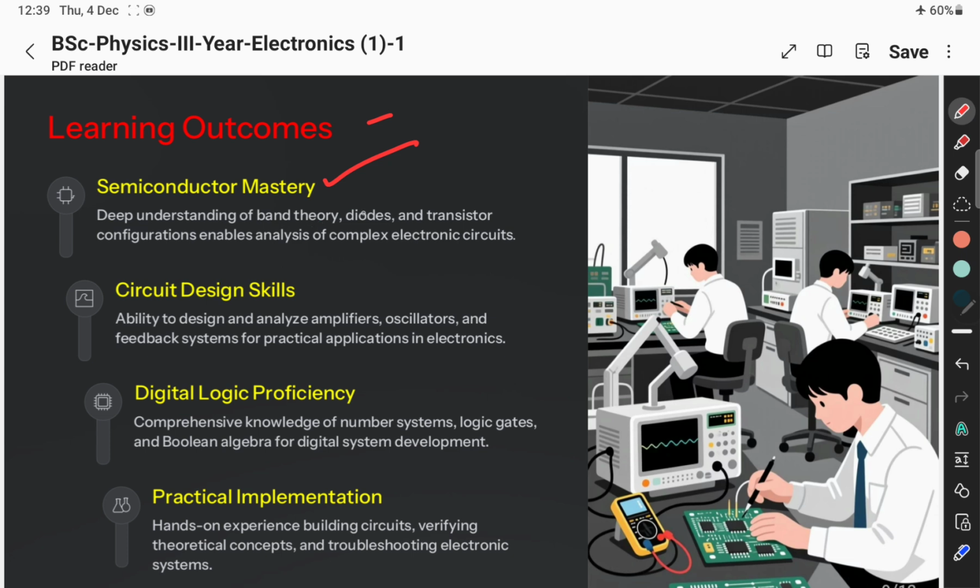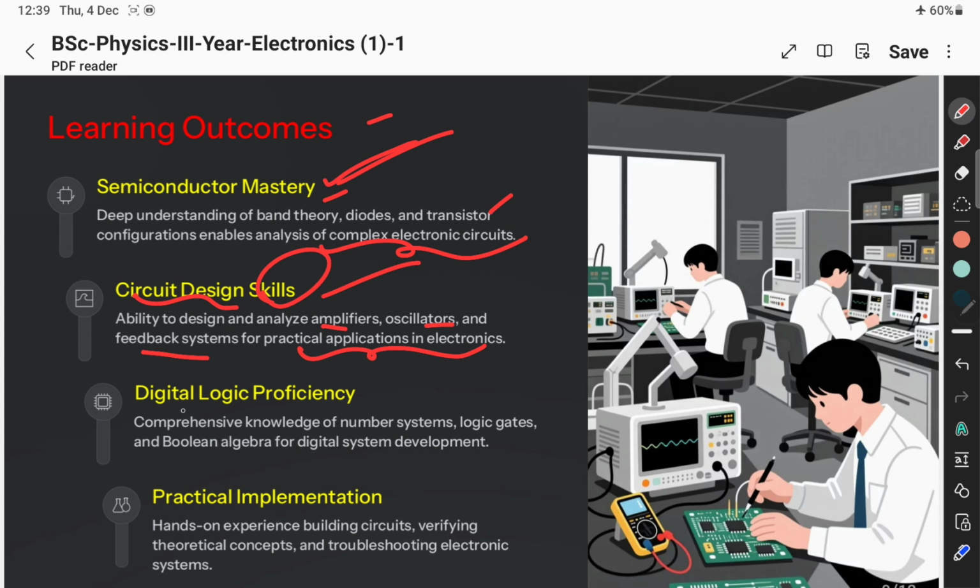You'll understand band theory, diodes, transistors, and complex electronic circuits, how they work and how we can analyze them. Next, you can learn the skills of circuit designing: amplifiers, oscillators, feedback systems, and the practical applications.